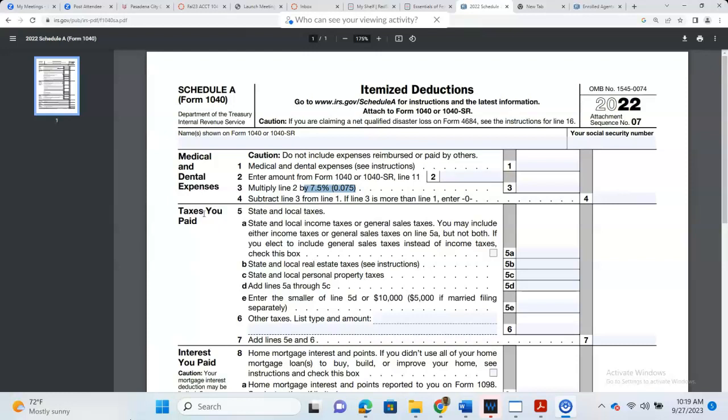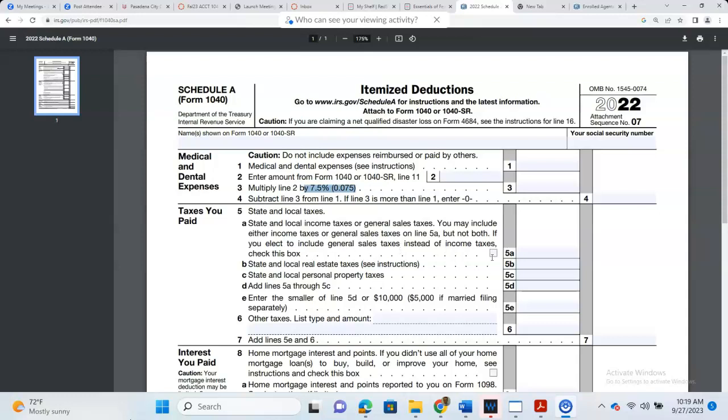And if you look at the second part, it shows you the taxes you pay. So line 5 says state and local taxes, which includes A, state and local income tax or general sales tax, whichever is better. So you have to choose. You may include either income tax or general sales tax on line 5A, but not both. If you elect to include general sales tax instead of income tax, check this box.